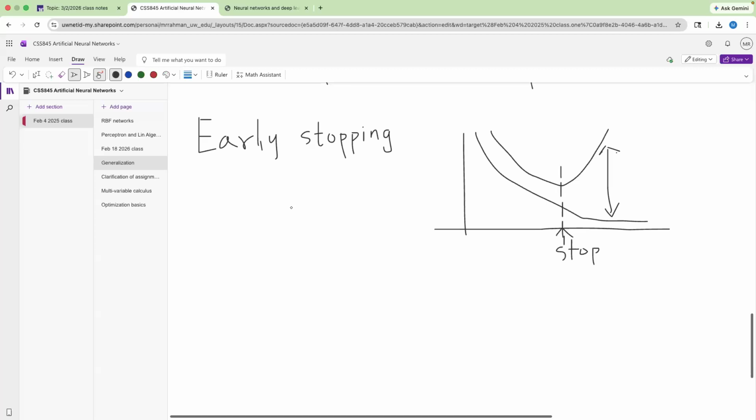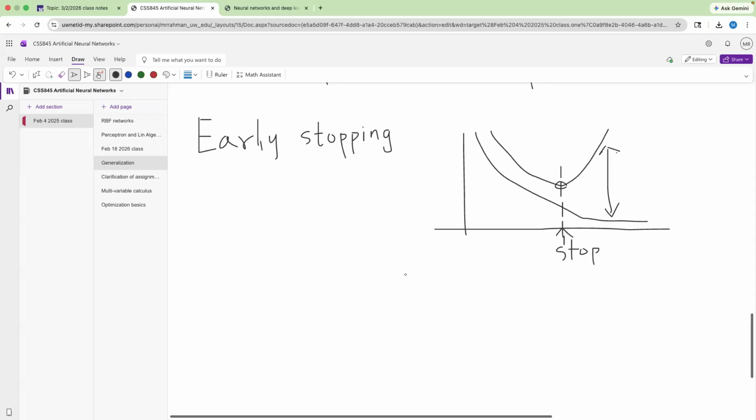Or as you're running the experiment, at any iteration, you keep track of every iteration, and you also checkpoint your weights. And then when you see that the test error is starting to increase, that's where you stop, and then you go back to the last point where your test error was the lowest value. And that's where you declare that these are the weights that I'm going to use in my prediction, right?